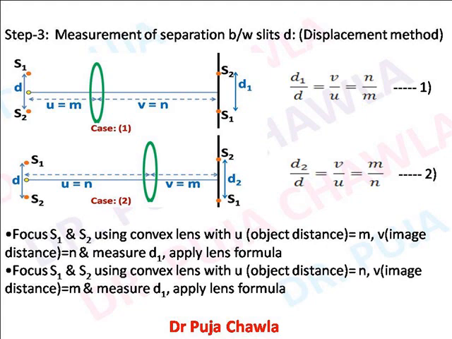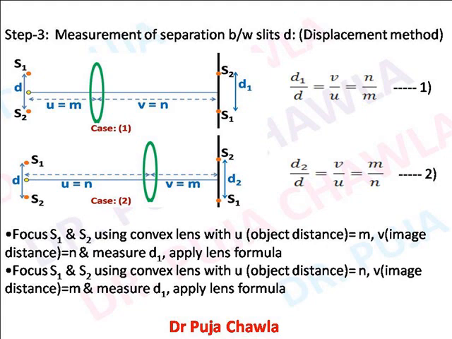Again apply the lens formula. That means d2 by small d is equal to v by u. Now v became small m, u became small n. Label this as equation number 2. Because we have displaced the lens, this method is named the displacement method.